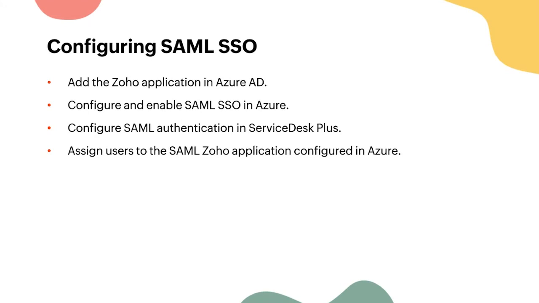And then with the details that you get from your Azure, by configuring your SAML sign-on in Azure, you're going to authenticate your SAML for Service Desk Plus. And finally, you need to add users to your SAML Zoho application so that they can access their single sign-on and so that it works for them. And that way, you can also ensure that you have control over who can access your Service Desk Plus application.